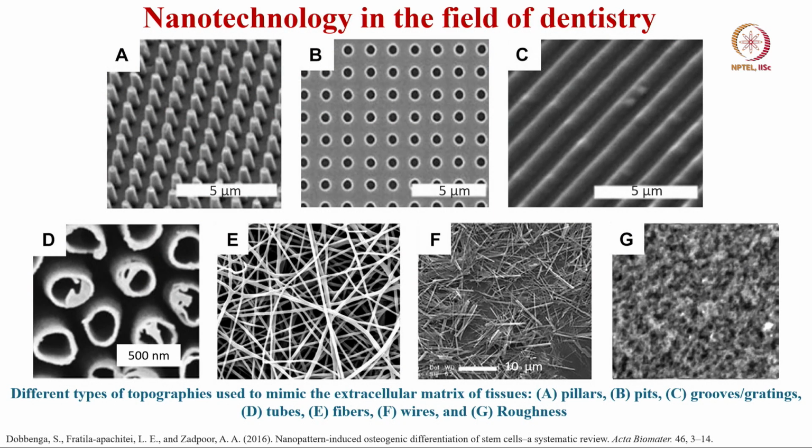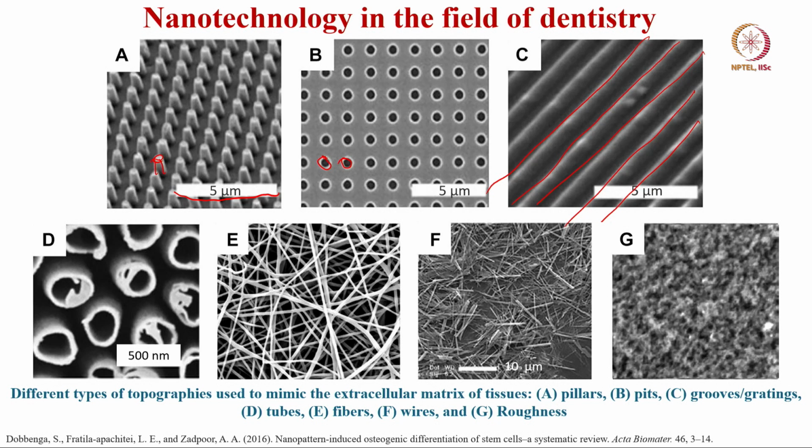These are different nanotopographies which you can preferentially introduce on the dental implants, and you can see these kind of pillars, right. These pillars have some top diameter and some length, like 5 micron, and there are also certain nanotopographic features like holes or other very regular patterns that have been used on the dental implants.